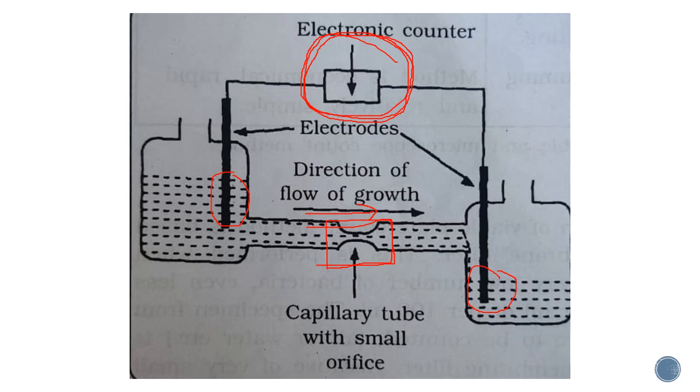Through the orifice, only one cell is able to pass at a time. Passage of a cell through the orifice causes a momentary drop in conductivity, which gives an electronic pulse to be counted. Likewise, we can count the cell number from the sample by this method.